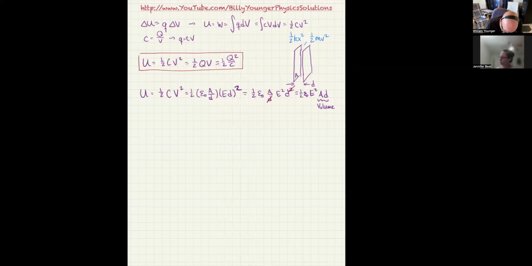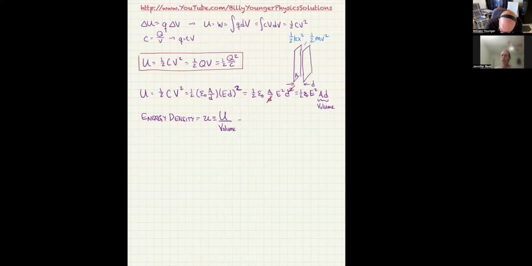So we can turn to something called the energy density, and the energy density is the energy per unit volume. We're going to write it as a lowercase u, and it's technically defined to be the uppercase U divided by the volume.